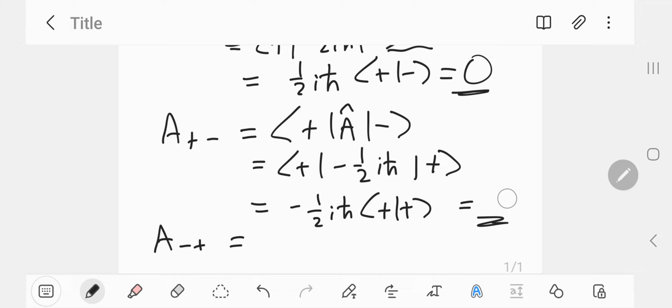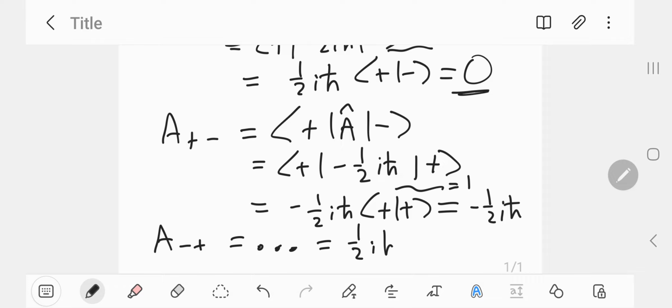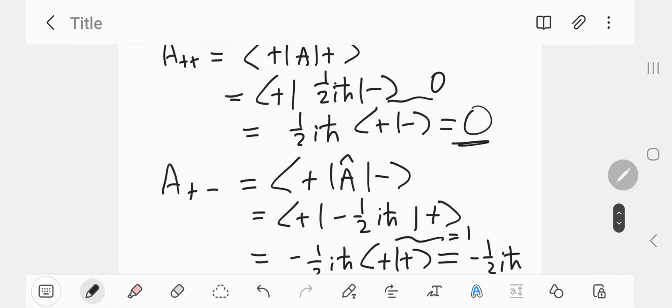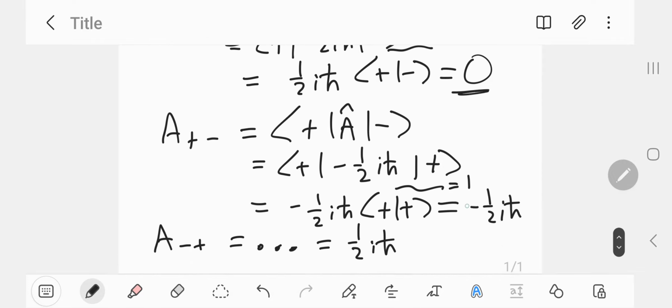Two corresponding states, the inner product gives you 1. So you get minus a half i h bar. And similarly here, going through the same process, you get a half i h bar. And A minus minus, which I'm not going to do as well. It's a straightforward process, the same idea, you'll get 0.